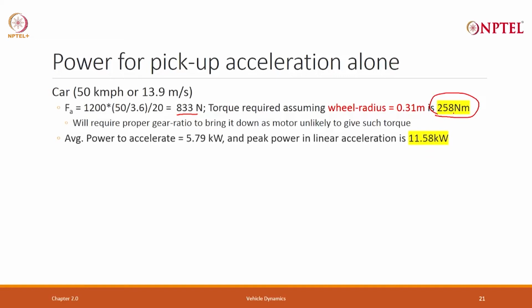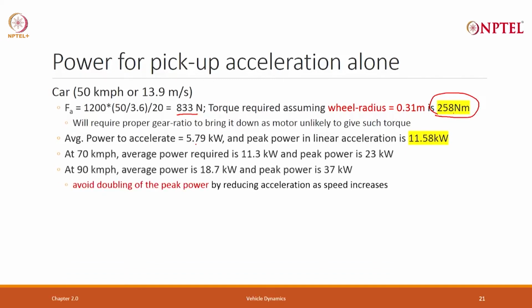Average power requirement to accelerate is 6 kilowatt, not that bad. Peak power requirement is 12 kilowatt, and this is at 50 kilometer. If I went to 70 kilometer, my peak power requirement is going to go to 23 kilowatt, and if I went to 90 kilometer per hour, my peak power requirement will go to 37 kilowatt.